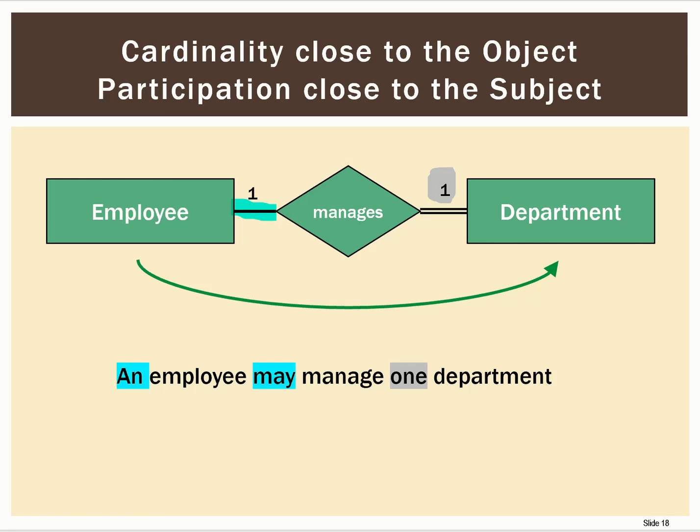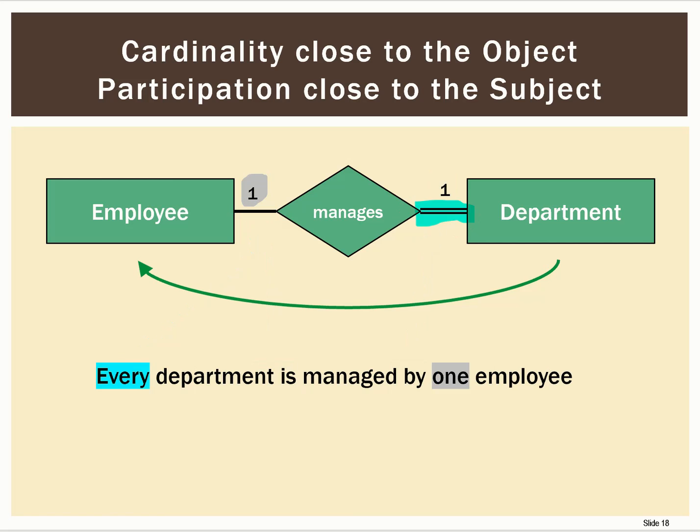The an and the may directly relate to that single line, and the one directly relates to that cardinality. What this means is that in this way of reading a sentence, we're ignoring two bits of information. We're ignoring that cardinality, and we're ignoring that participation.